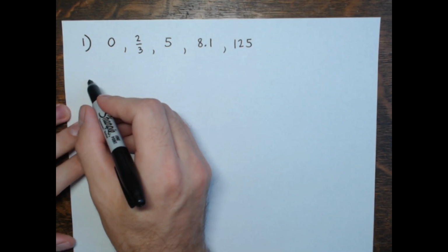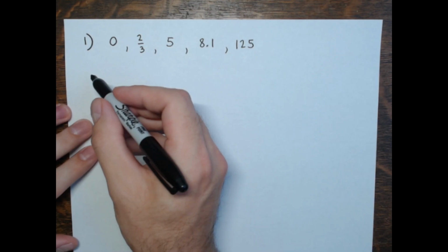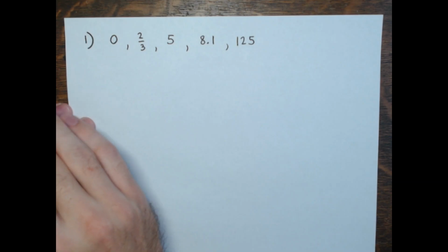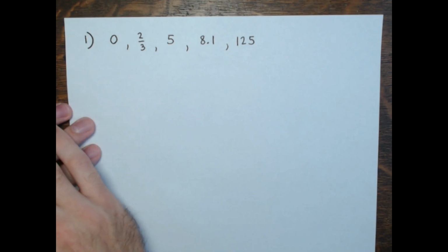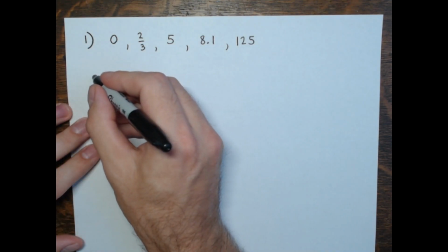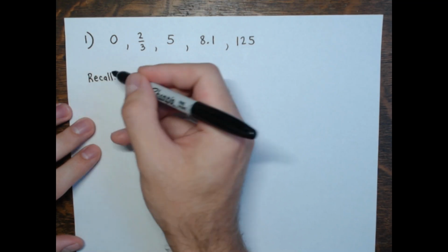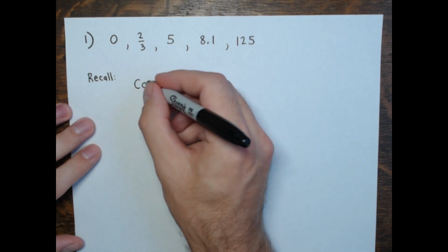Okay, so hopefully you recall from the reading, these are the exercises at the end of section 1.1, so it is assumed that you've already read through the entire section, practiced the examples and the try it problems before you go into the exercises. So I'm going to say recall, that should be familiar to you. The counting numbers, right?